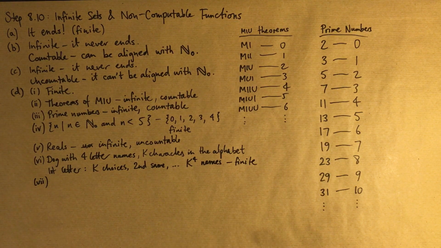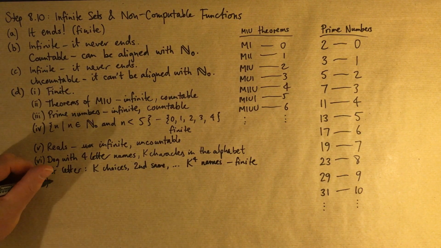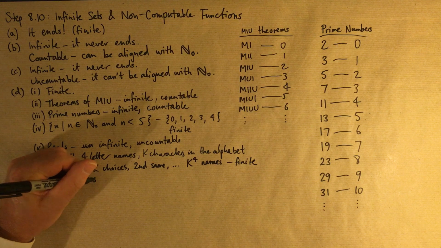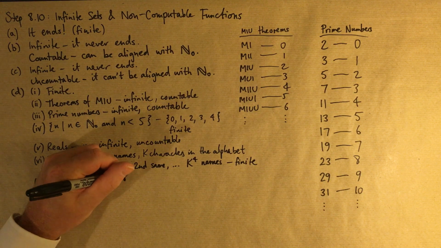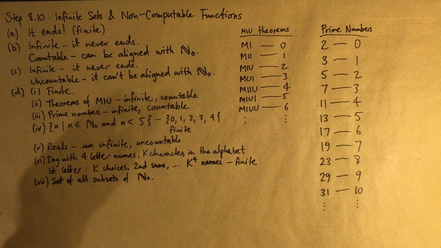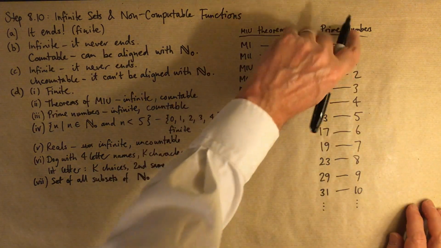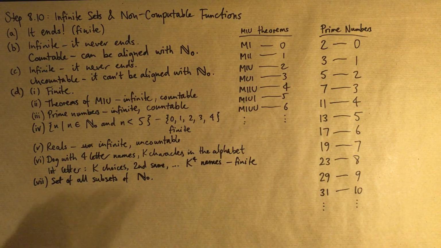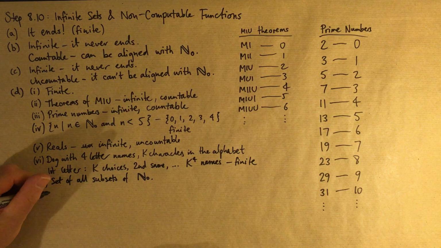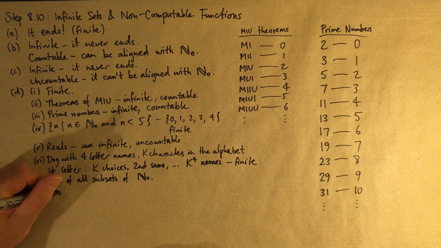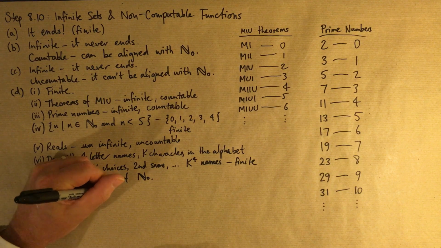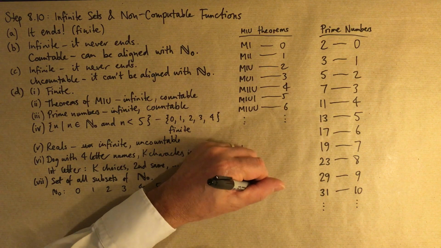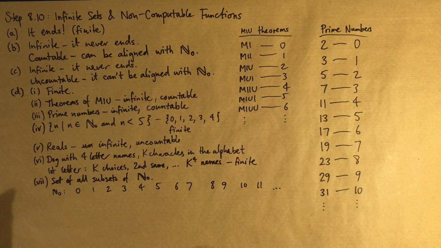Next one is the set of all possible subsets of n. This is very tricky. Set of all subsets of n0. Over here, that's the set n0. How could I possibly specify a subset of n0? Well, if I imagine n0 here, I'll go 0, 1, 2, 3, 4, 5, 6, 7, 9, 10, 11, and there's lots and lots more, an infinite number.